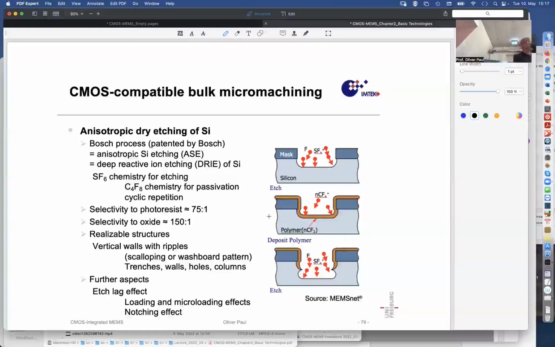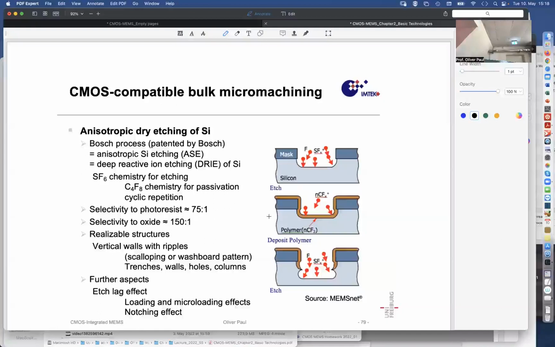is then again protected, which is then again etched, which is protected, and so it goes down vertically if the etching and protection parameters are correctly done. If you master the process, that's something the technologists have to learn: how to use a machine to produce vertical trenches, yeah?